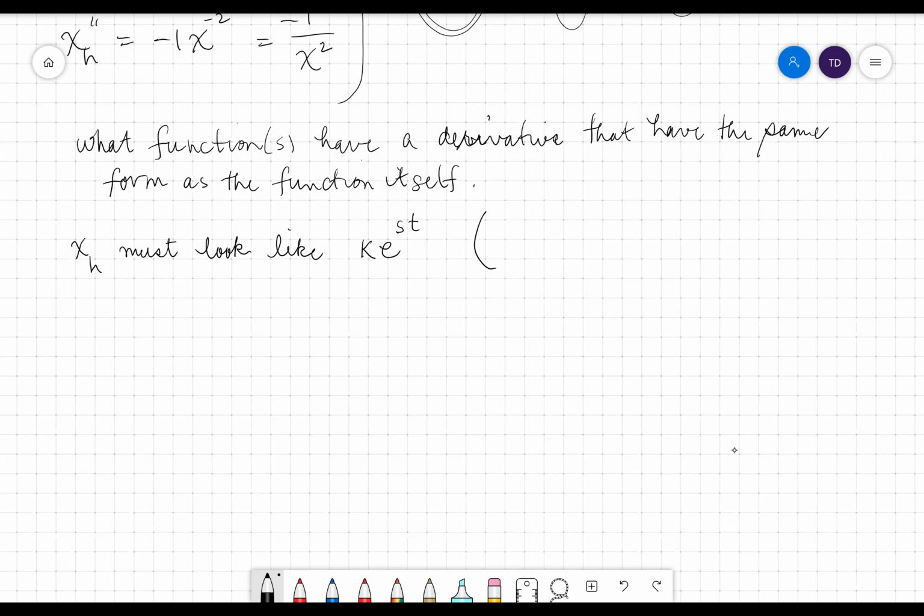You might argue that could also be a cosine or a sine function, because the derivative of the sine is the cosine. But we know a cosine is related to a sine, so they're the same function, just shifted. But I'm going to remind you the sine and the cosine are exponential functions. Remember that from Tuesday? They are exponentials. So don't worry about that. This must be the form. So x sub h must look like that.